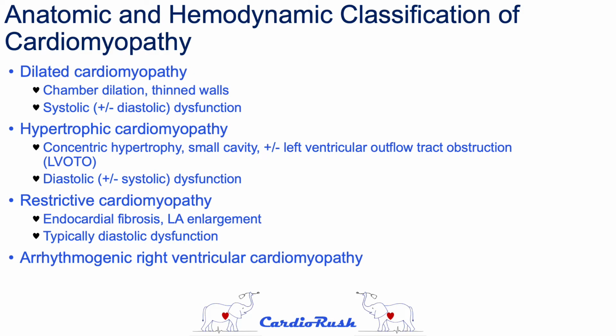Restrictive cardiomyopathy, again, is a form of diastolic dysfunction, most classically recognized by endocardial thickening or fibrosis, leading to inability to fill the left ventricle and progressive left atrial enlargement. And the final form we'll talk about is arrhythmogenic right ventricular cardiomyopathy, which is especially common in boxers, but also seen in English bulldogs and cats.